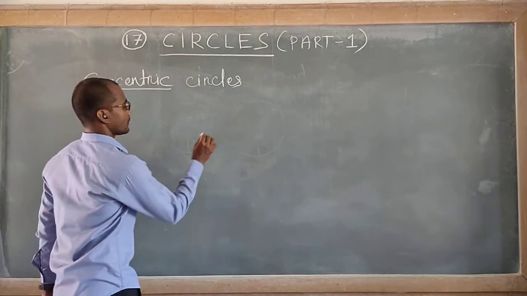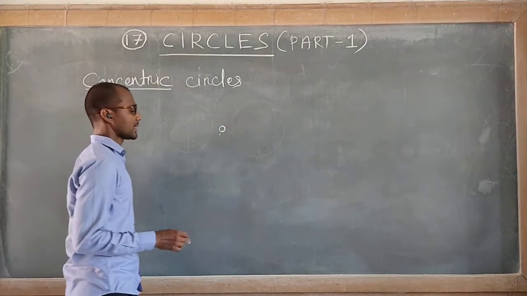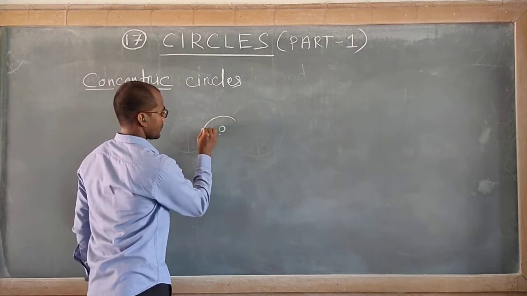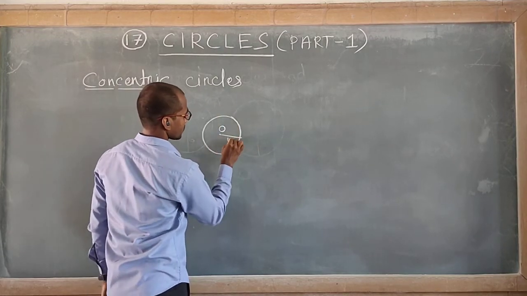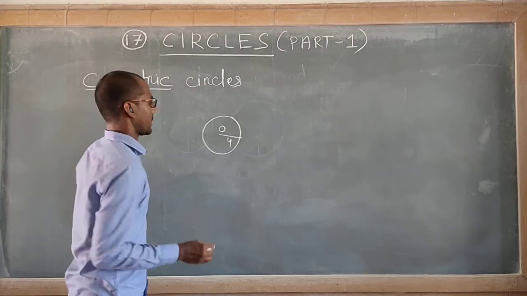For example, this is a point O. Taking point O as the center, suppose I draw a circle. Its radius is, suppose, 4 units. Again taking O as the center, I will draw another circle.